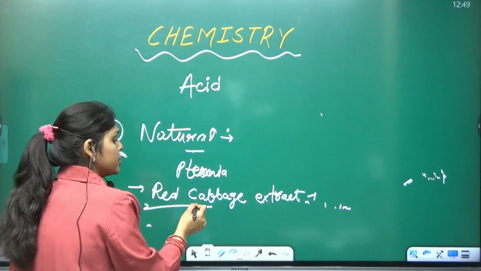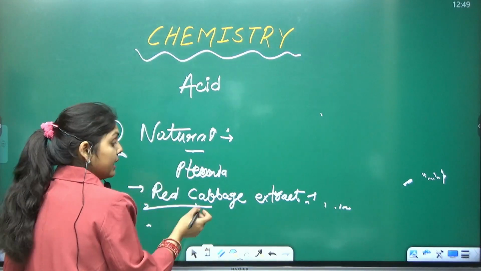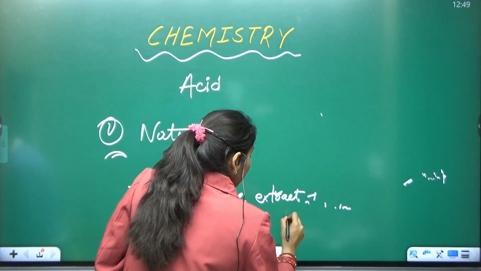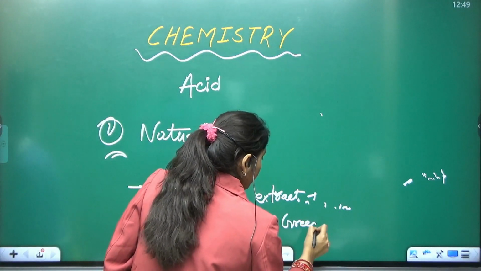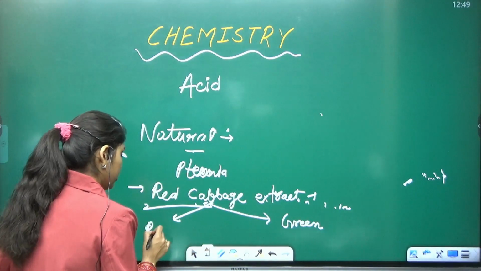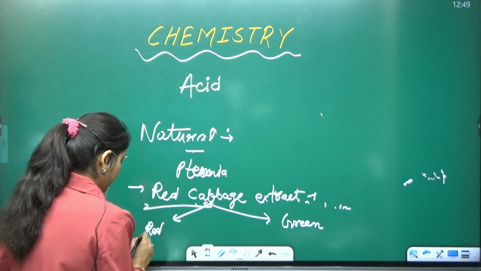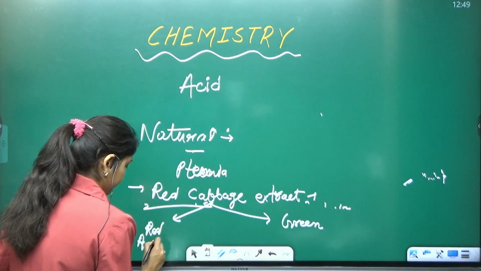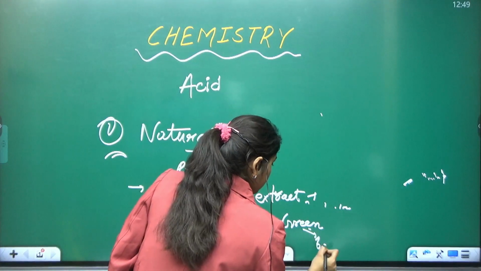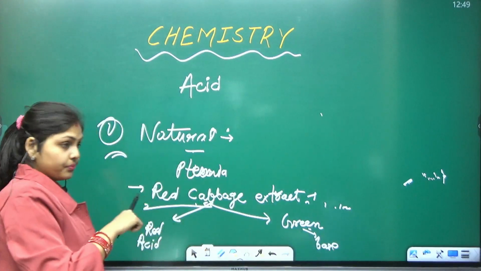It is an indicator which, on adding base, converts into green color and remains red, its own color, in acid, and green in bases. So here we talked about natural indicators.